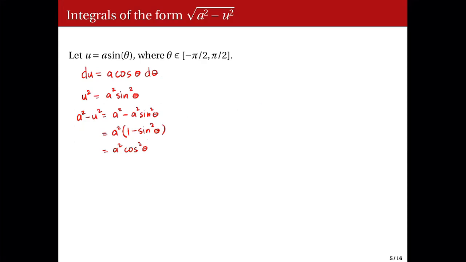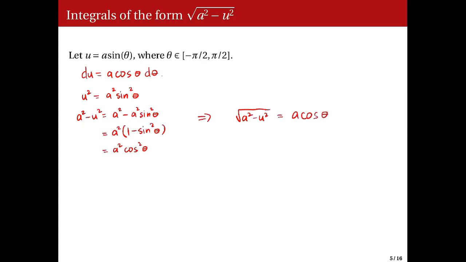So if you get the square root of this, the square root of a squared minus u squared, you will only get a cosine theta.